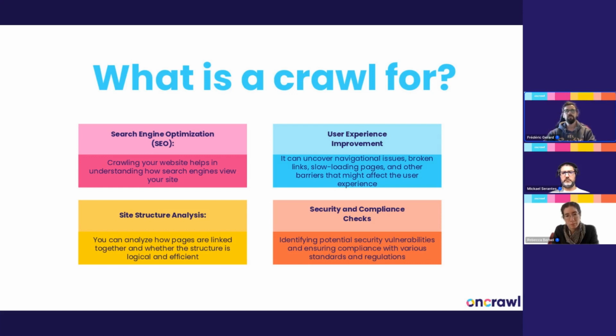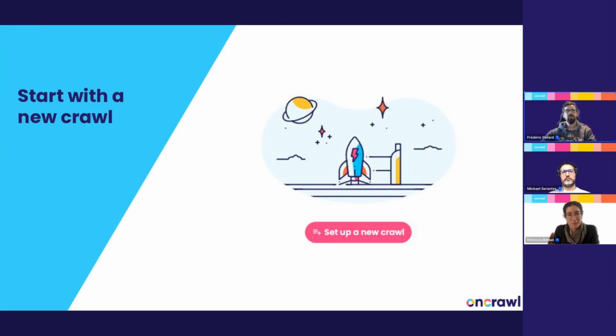You can use it also for security and compliance checks, or for a global look at your SEO. And don't forget, it's only four examples, but you have many others. So as you can see, you have various reasons to launch a crawl.